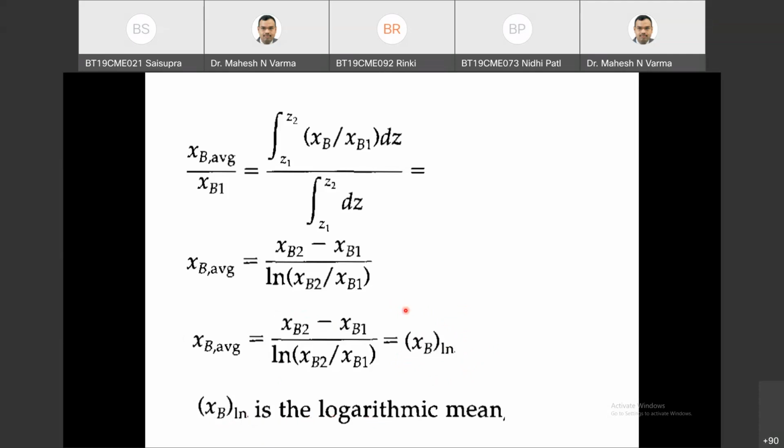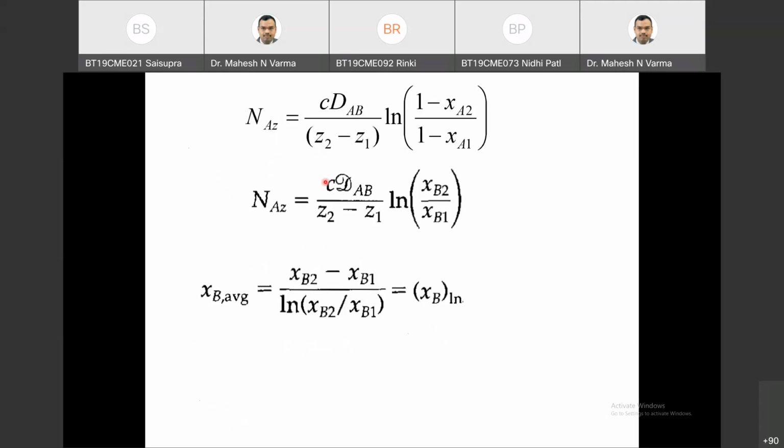So now we can use this in the flux equation. So this is our flux equation. Here I have ln XB2 by XB1, that will be equal to XB2 minus XB1 divided by XB ln, and substituting this, I will get NAZ equals C DAB over Z2 minus Z1, times XB ln, the logarithmic mean of the concentration, times XA1 minus XA2.